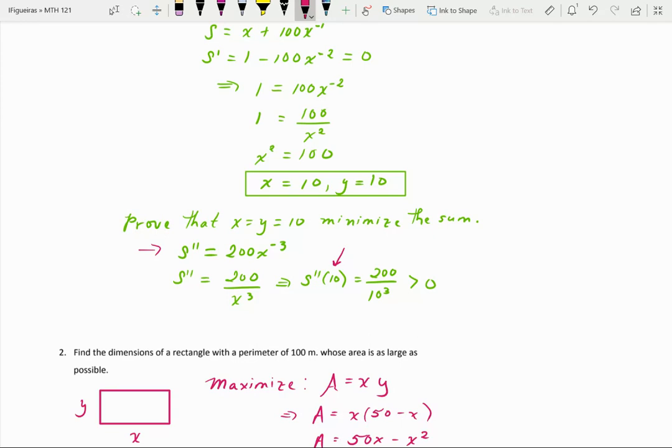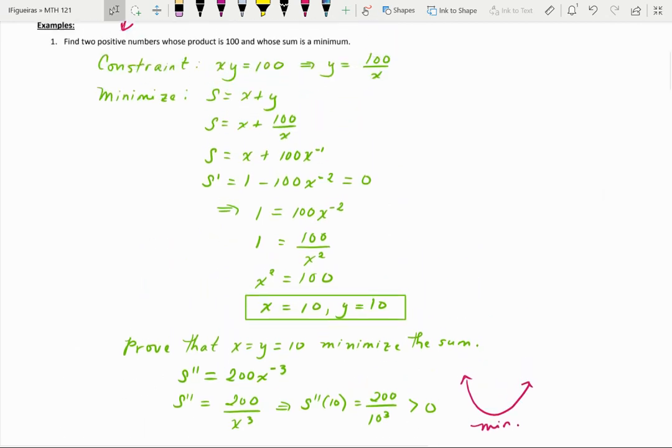Remember, positive concavity means that your function is concave up. And if something is concave up, that means you have a minimum, which is exactly what you were looking for. So the two positive numbers, x and y, are equal to the same number, 10. That will give you a product of 100, but a sum that is minimized.